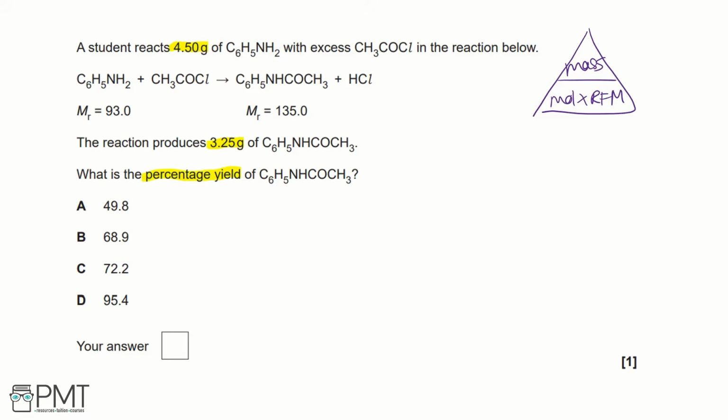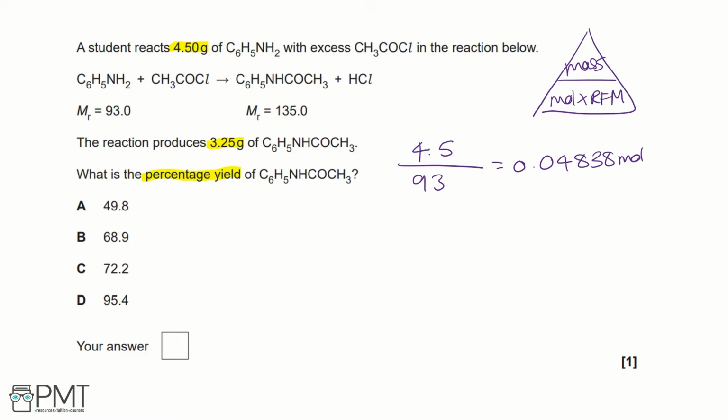So firstly, working out the theoretical moles of C6H5NHCOCH3 that's produced, we would do 4.5 divided by 93, and that equals 0.04838 moles.